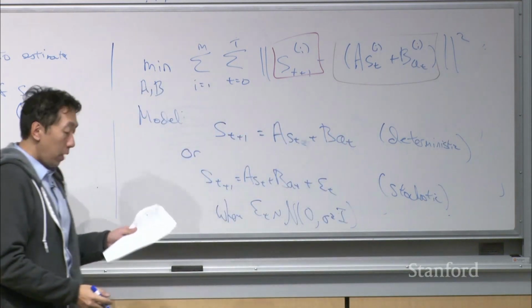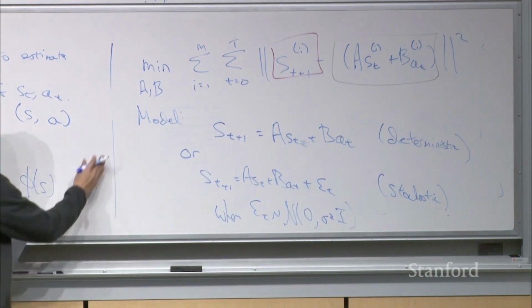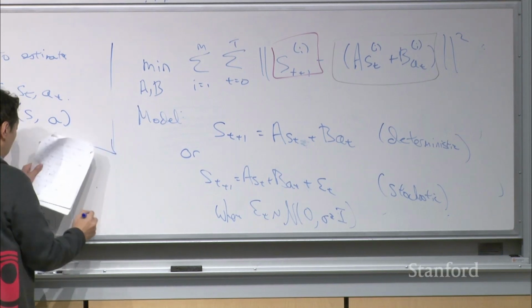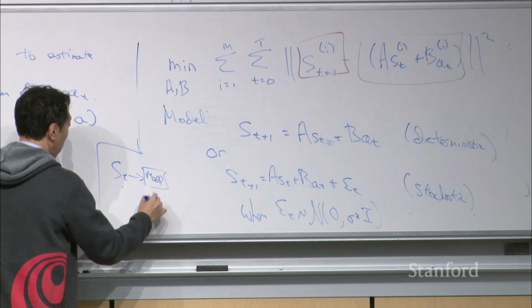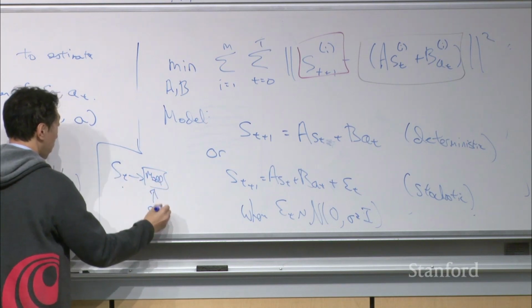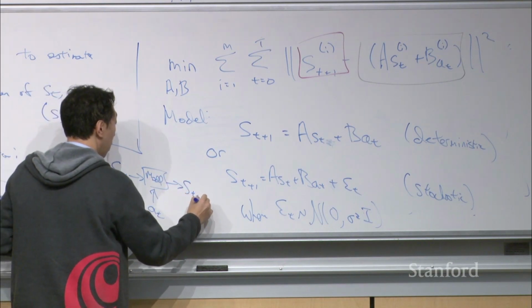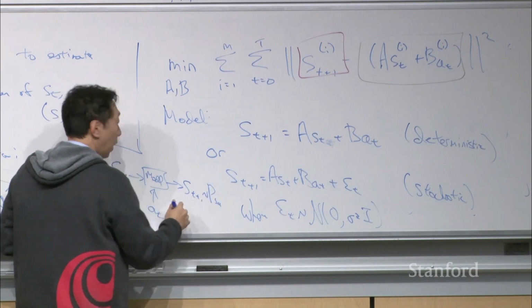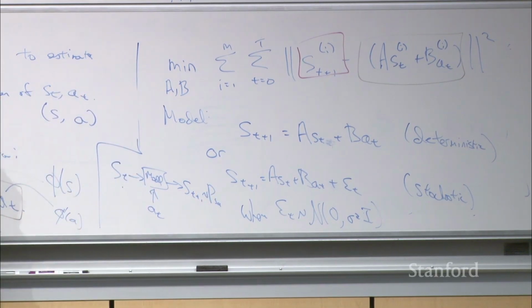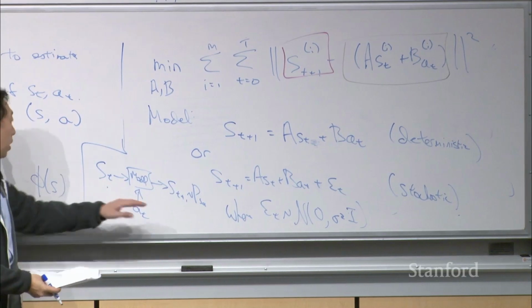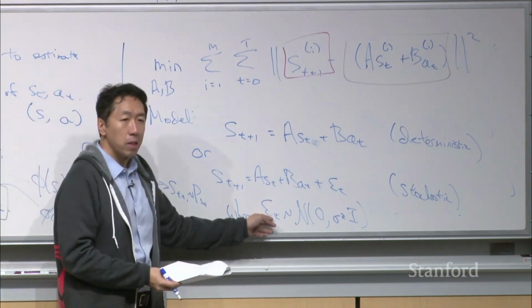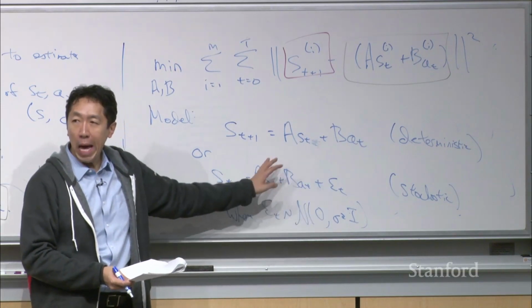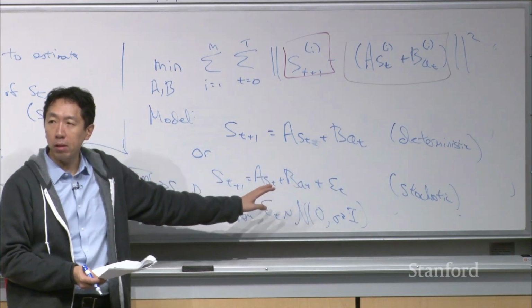Right, and if you use a stochastic model, then that's saying that when you're running your simulator, every time you generate s_{t+1}, you would be sampling this epsilon from a Gaussian vector and adding it to the prediction of your linear model.